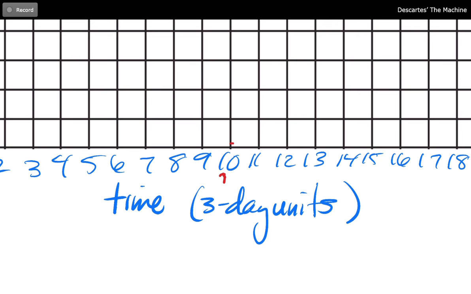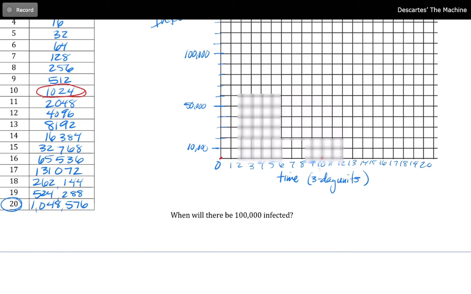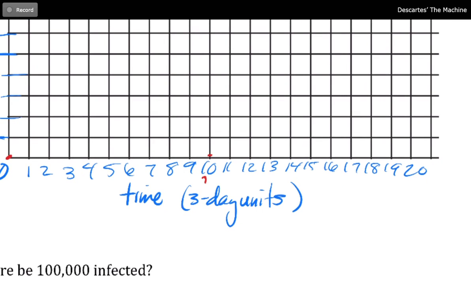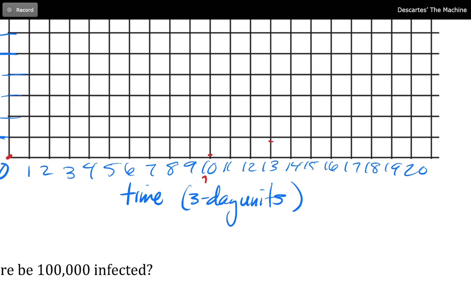Maybe a tenth. That looks more like a fifth. I'll call that a tenth. Somewhere in here we've got 10,000. So day 13, 8,000. That's like 8/10. So day 13, it's almost 10,000.